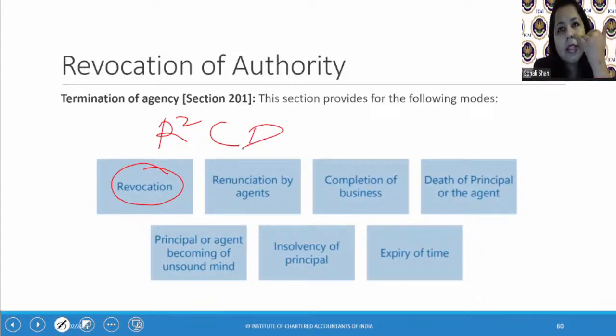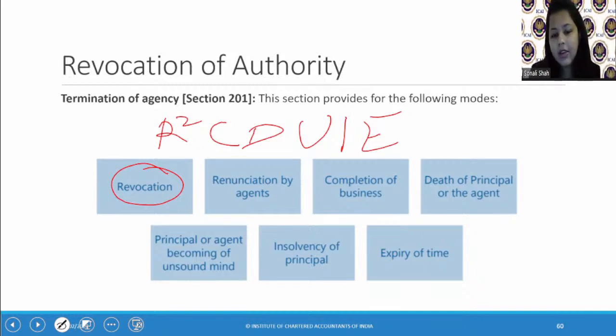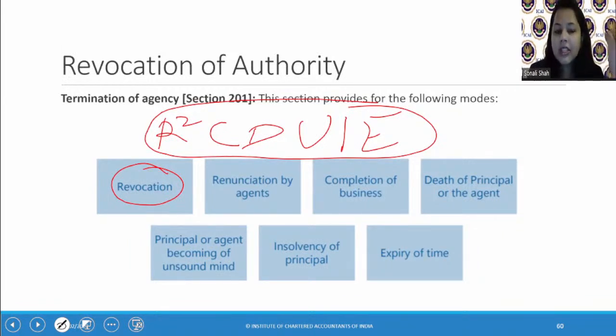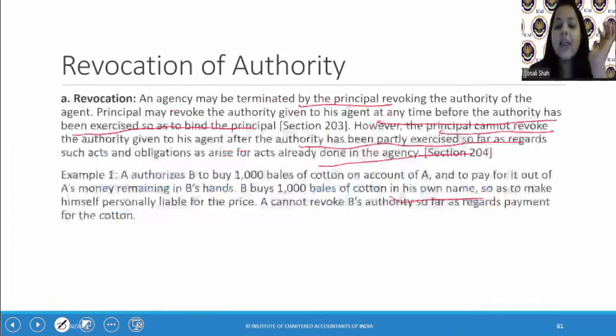Unsound mind is lunatic, we can make it U. Insolvency I, and expiry of time E. R square C D U I E. So this is a mnemonic that you can keep in writing to remember: revocation, renunciation, completion of business, death, unsound mind, insolvency, and expiry of time. These are the various situations under which the principal-agent contract comes to an end or is terminated.